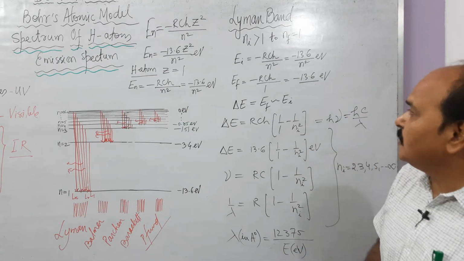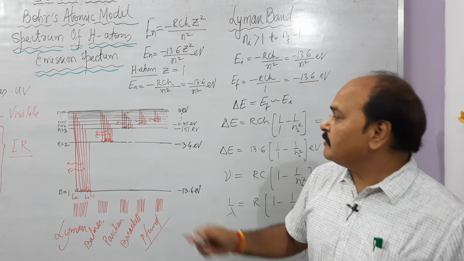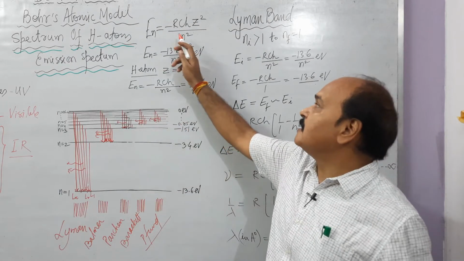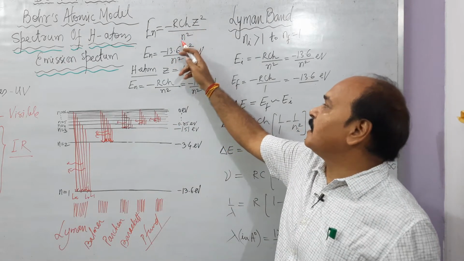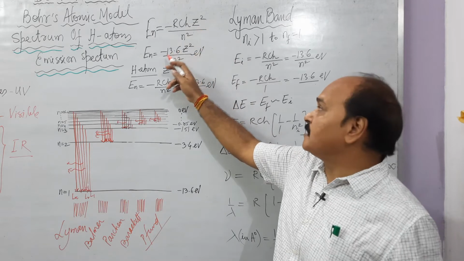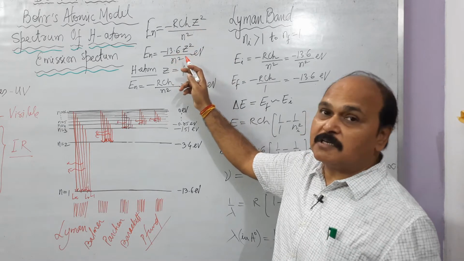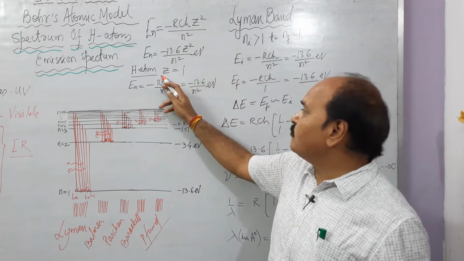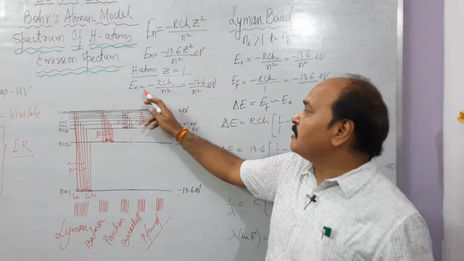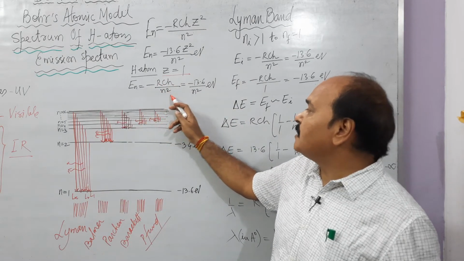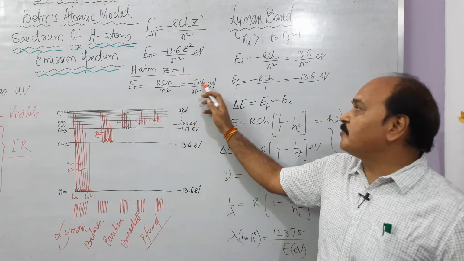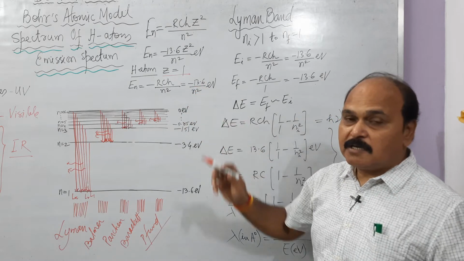Well, children, we already know that the energy of an electron in the nth state is minus RCh Z square upon n square, or minus 13.6 Z square upon n square. For hydrogen atom, Z is equal to 1. Therefore, energy becomes minus RCh upon n square, or minus 13.6 upon n square electron volt.